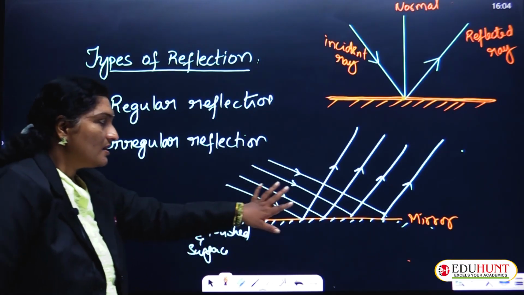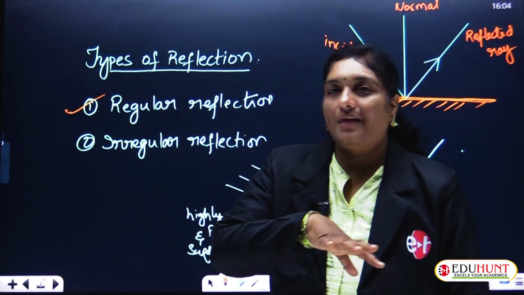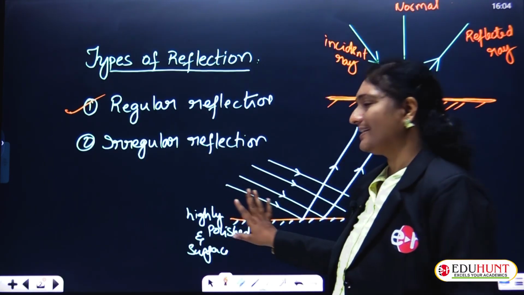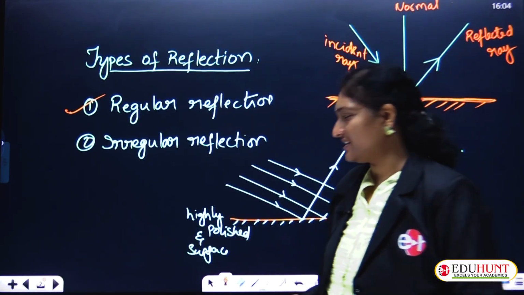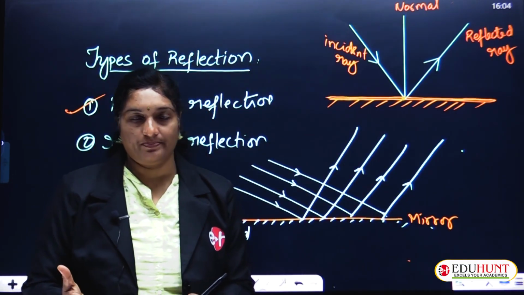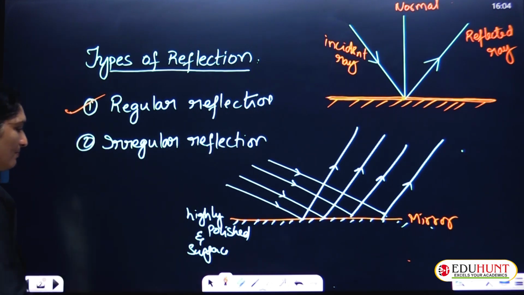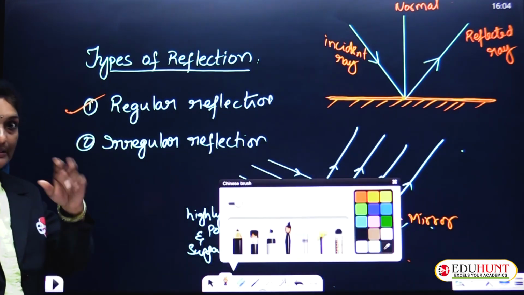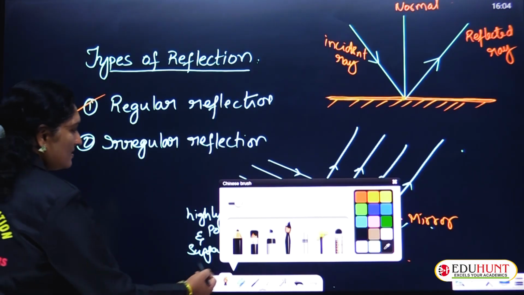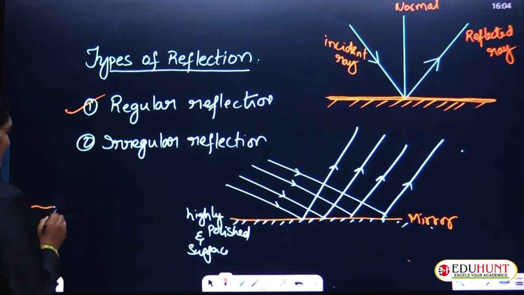But if the surface is not that well polished, only lightly polished, it is not smooth, it is rough. If you observe that type of surface with the help of a microscope, you can see a zigzag pattern like this.